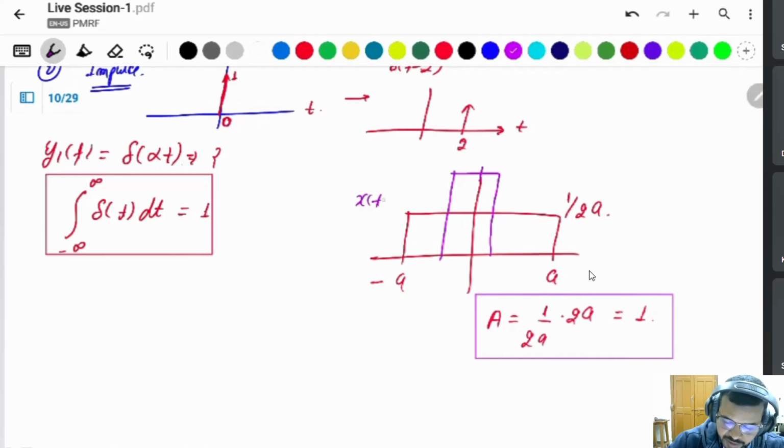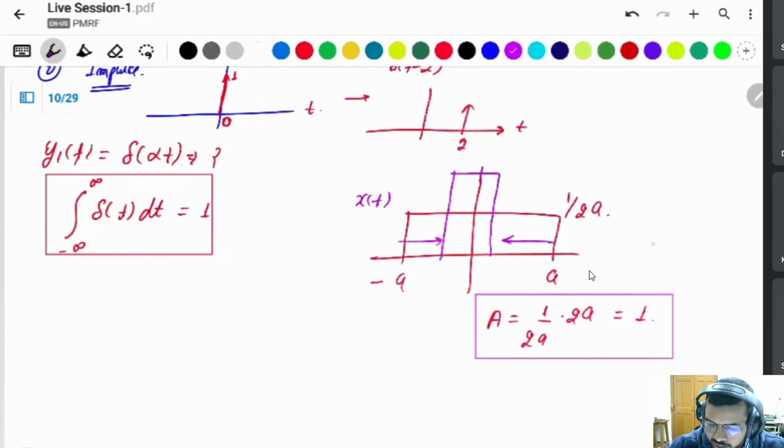Suppose this was some signal x(t), you have a value of 1 by 2a for the duration of minus a to a. That's why the area of this one is 1. And the area of the impulse signal is also 1. But the impulse signal occurs only at the origin. It means you shift this thing towards the origin.